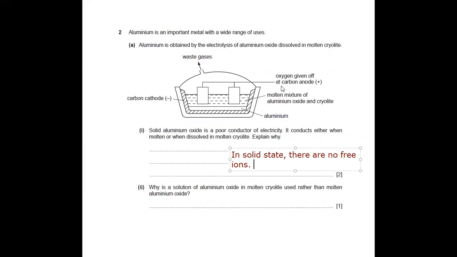In an ionic compound, the electrons are not free. The electrons are inside the atom, but the ion itself is free, so it is able to move around and conduct electricity. You will use the term free electrons for metals. For an ionic compound, you use the term ion.